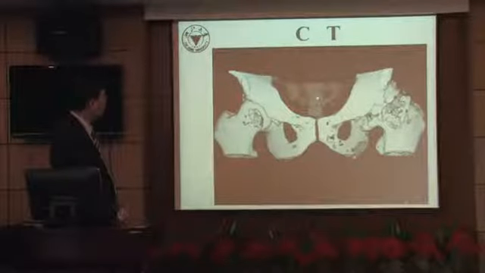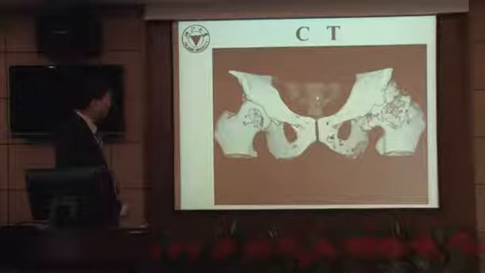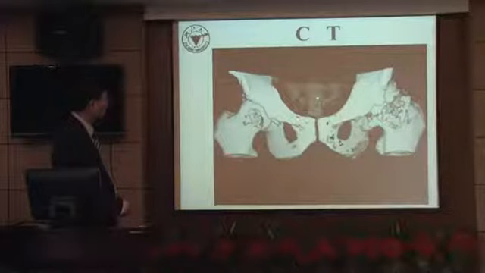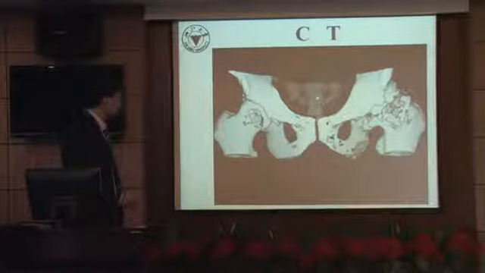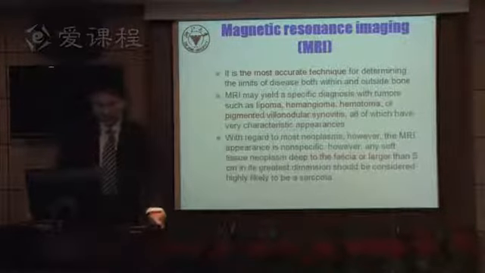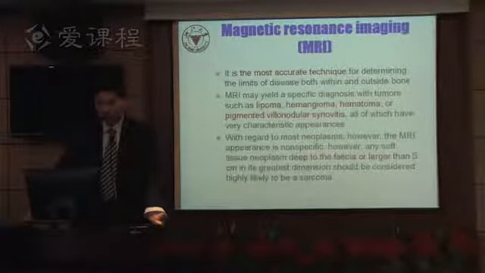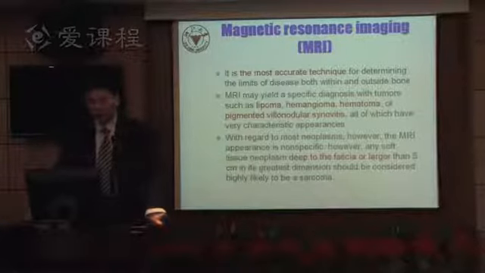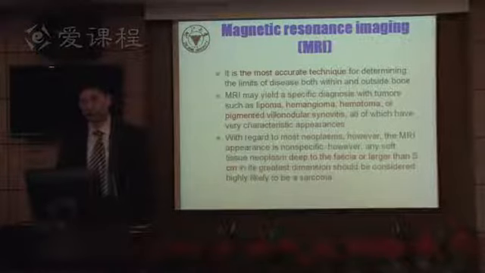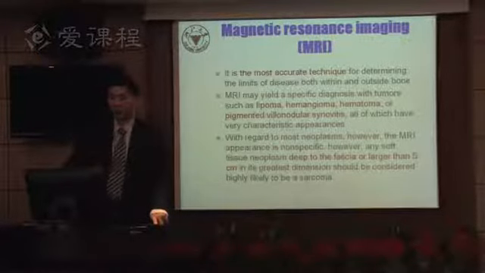This is a CT of the pelvis, showing a lot of breaking, and here it was lytic lesions of this patient. And we can also do MRI. MRI is the most accurate technique for determining the limits of the disease, both within and without bone.